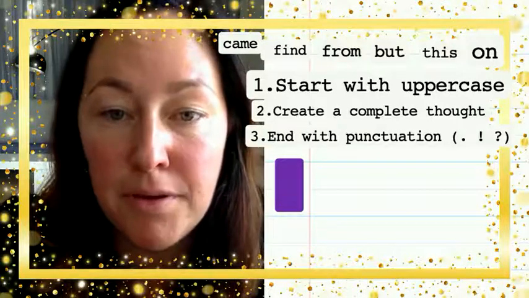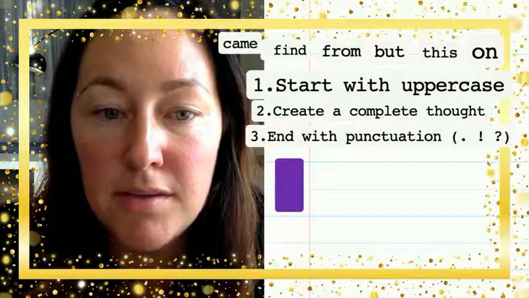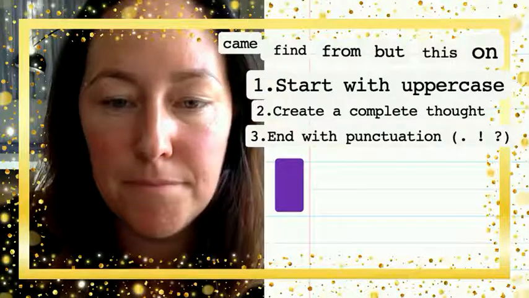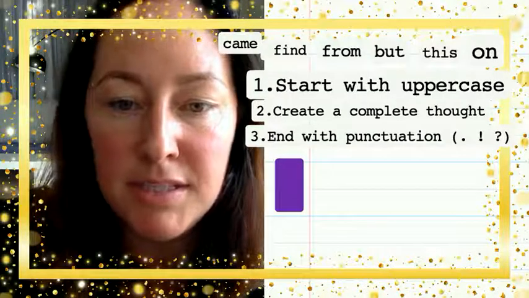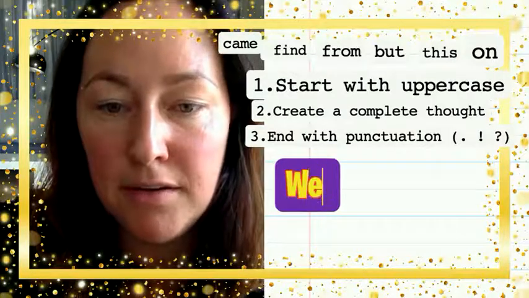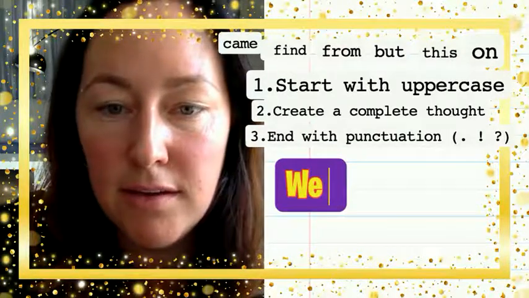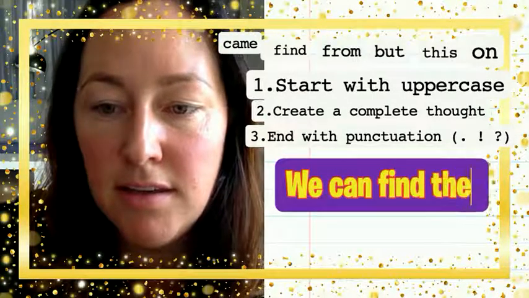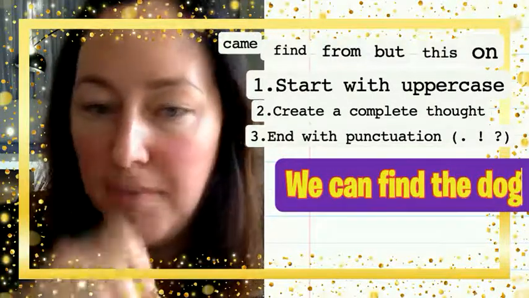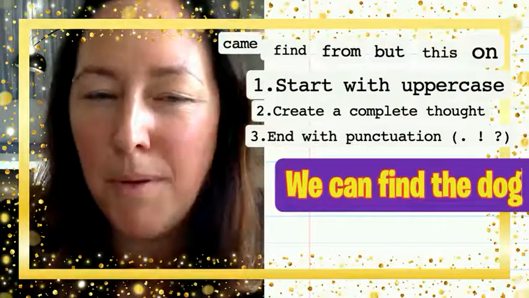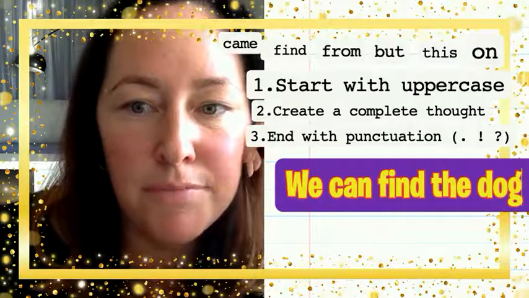So for example, if I want to use the sight word find, I would start with the capital letter. We can find the dog. The complete thought, it starts with a capital letter, but what punctuation mark should I put on there?